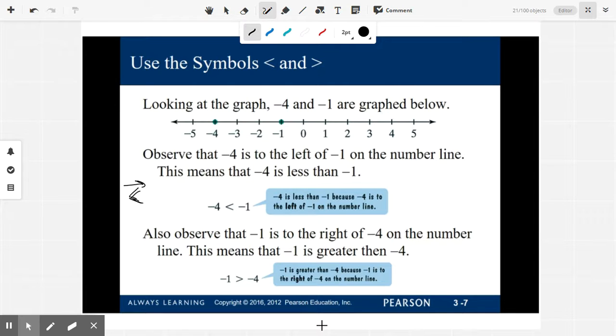So it always points to the smaller number, regardless of what order it is in, because we don't necessarily have to write the smaller number on the left. So this one is a greater than symbol because -1 is larger than -4. But the thing you have to remember is it always points towards the smaller. The smaller side is closer to the number that's smaller.